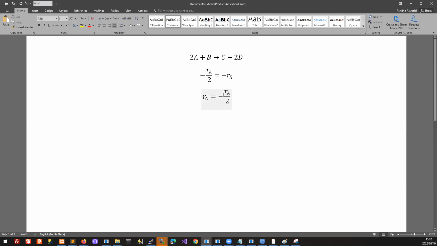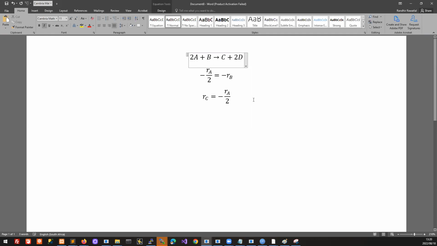And then you have to be careful with your signs and things, right? So the stoichiometric coefficients here are signed, right? So this is a -2. This is a -1 hidden here next to the B. This is a +1 and a +2.